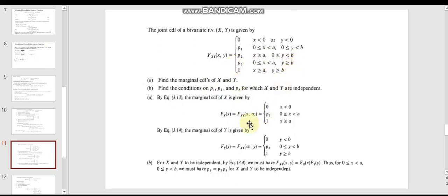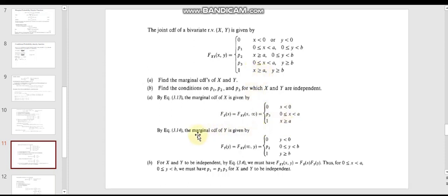So we will get the marginal CDF of x is equal to P3 when x is greater than or equal to 0 and less than a, and when it is less than 0 it should be 0. When x is greater than a it should be equal to 1.